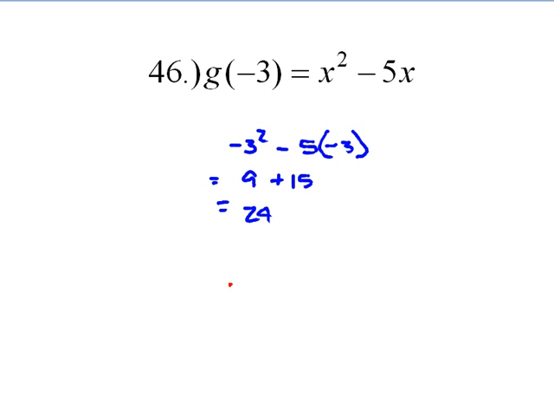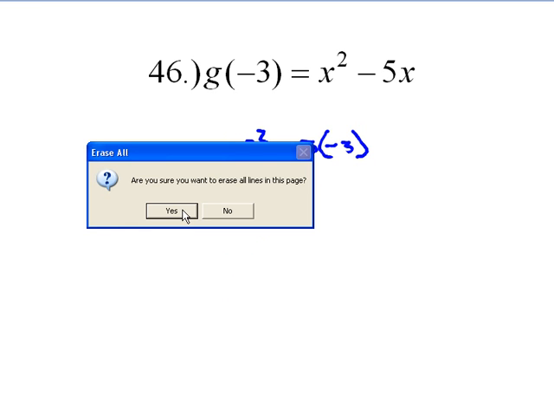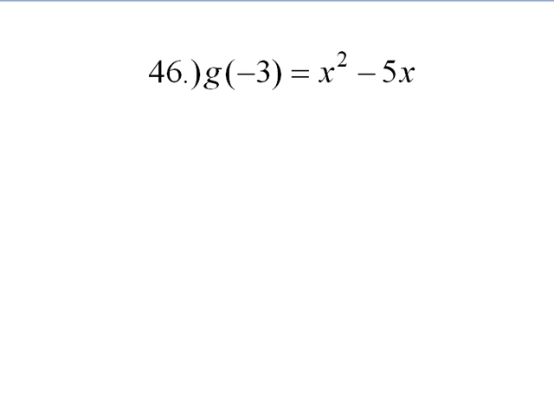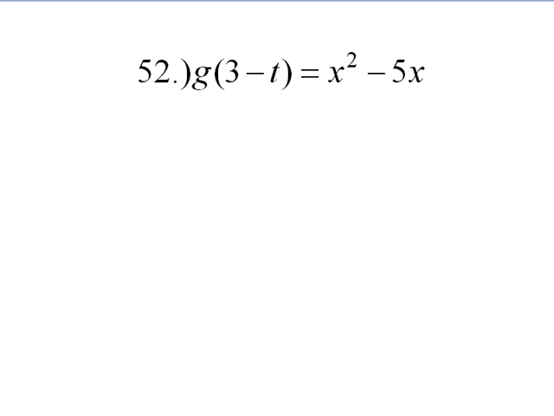Okay, let's go on to the next problem. Okay, this gets a little trickier. G of 3 minus t for x squared minus 5x.